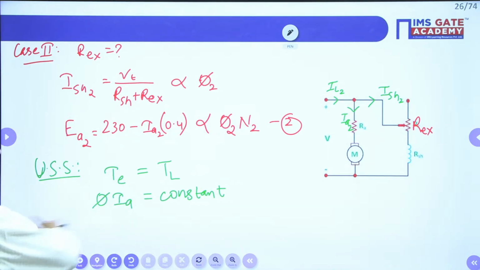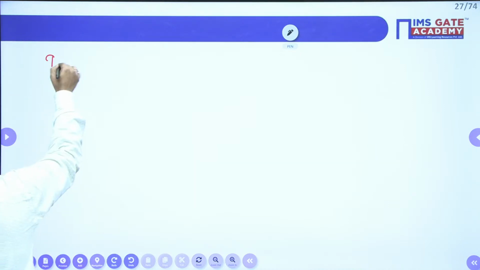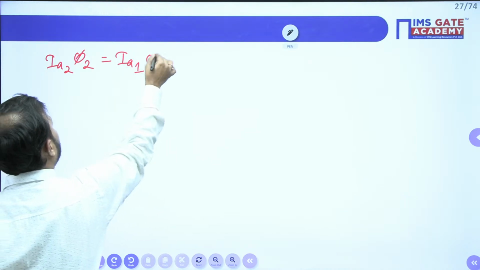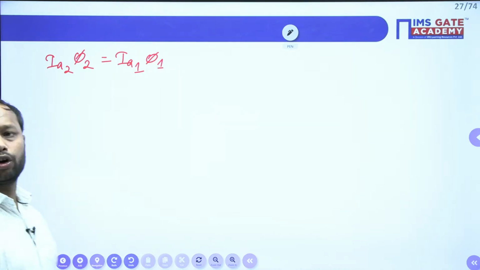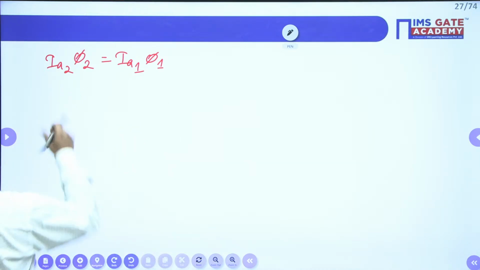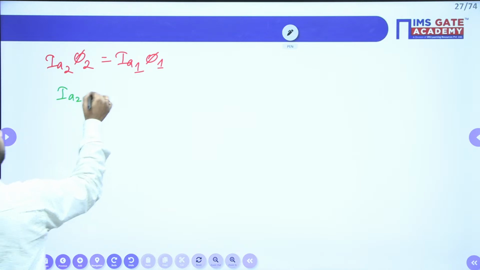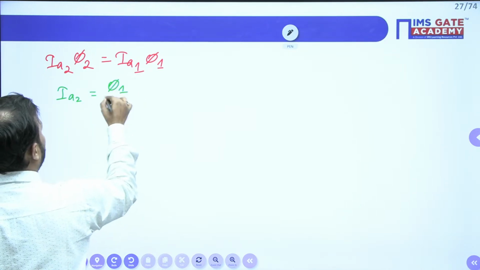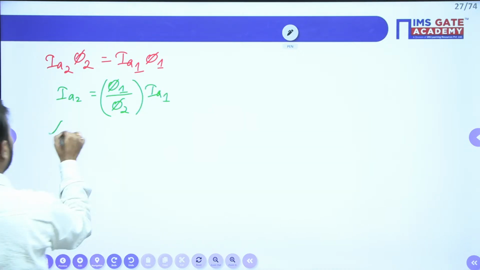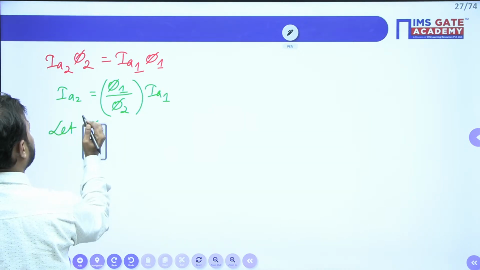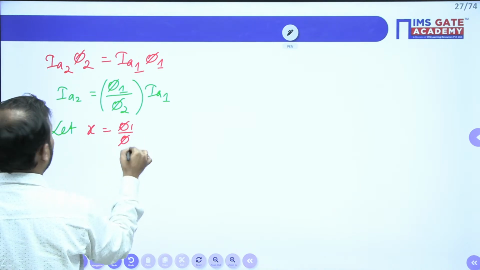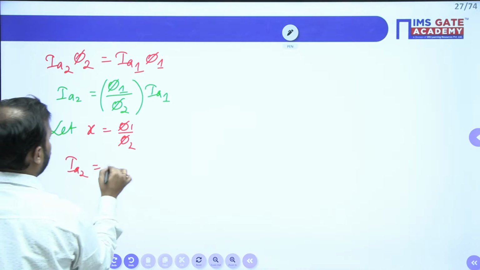So can I say IA2 phi 2 is equal to IA1 phi 1? If load torque is constant, electromagnetic torque will also be constant. So IA2 is equal to phi 1 by phi 2 into IA1. Let x equal phi 1 by phi 2, so your IA2 will be equal to x IA1.